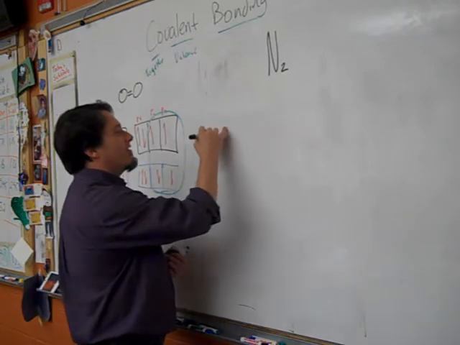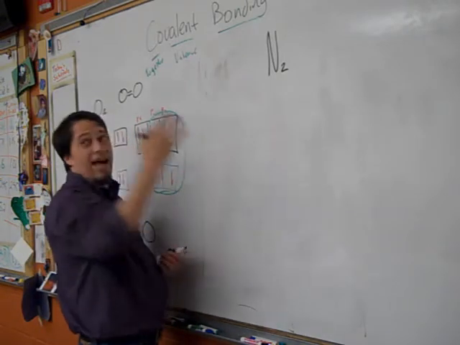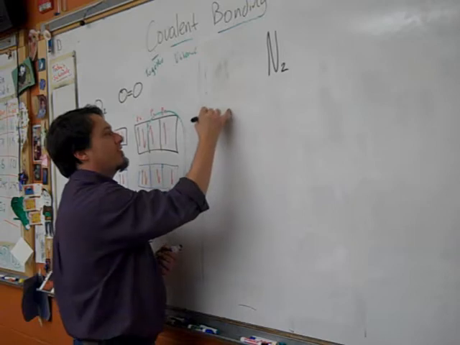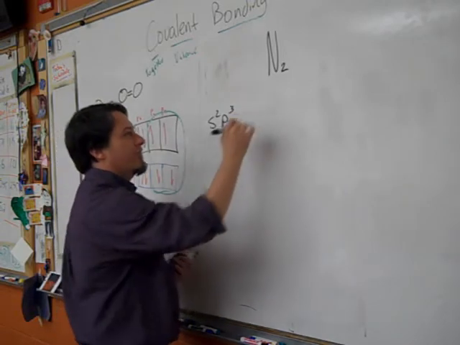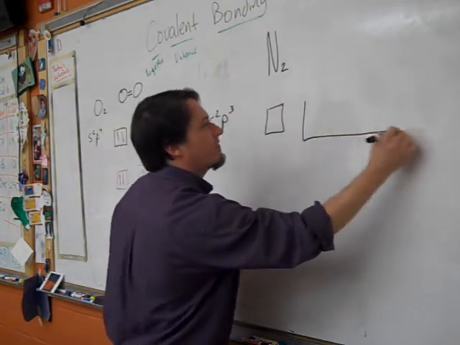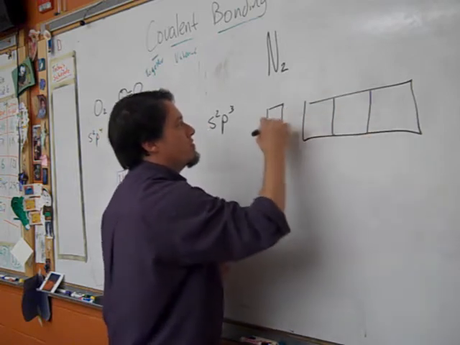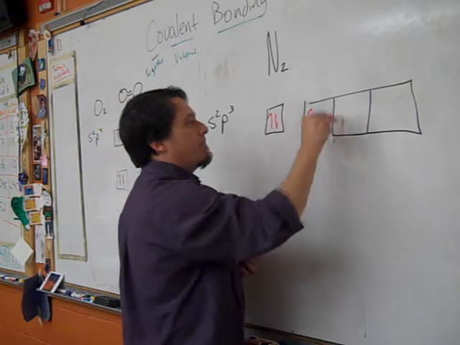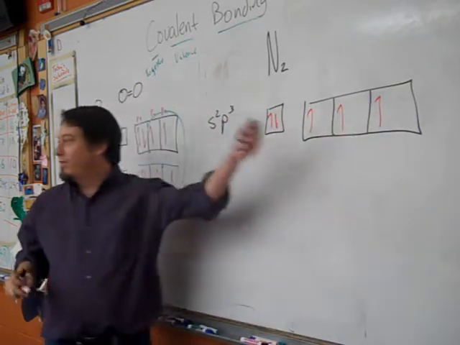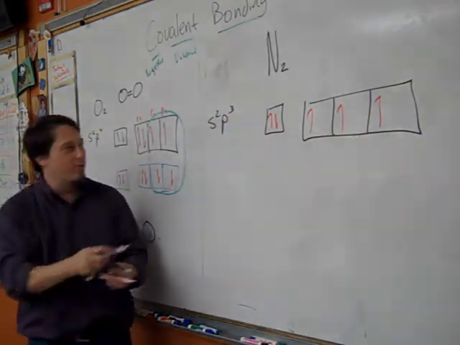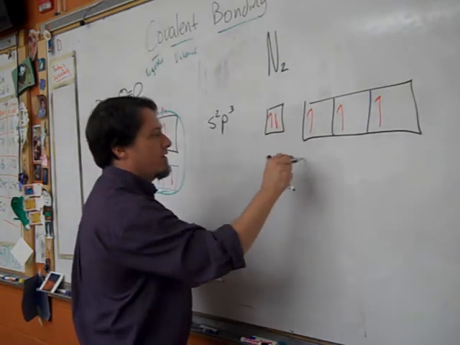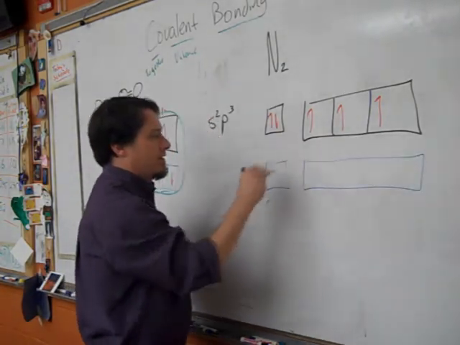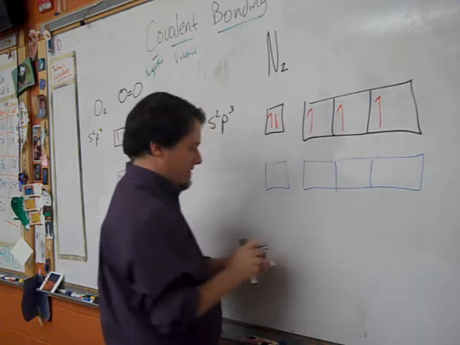Anyway, okay, here's nitrogen. Nitrogen is, as you can see, S2P3, as we've discussed, looks like this. And so what happens is, when we have nitrogen number 2, same thing.